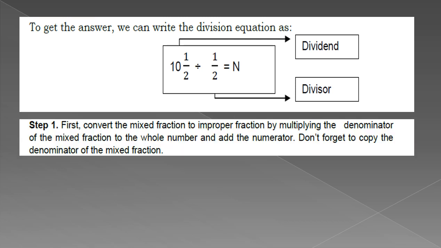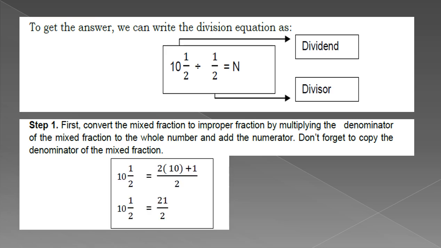Step number 1, first convert the mixed fraction to improper fraction by multiplying the denominator to the whole number and add the numerator. Same process. Don't forget to copy the denominator of the mixed fraction. So 10 and 1/2 is equals to 2 times 10 is equals to 20 plus 1 is equals to 21.